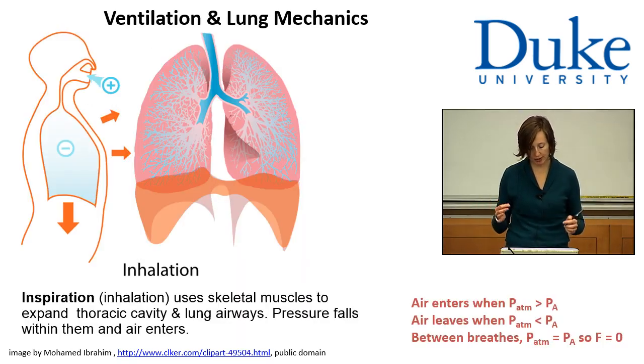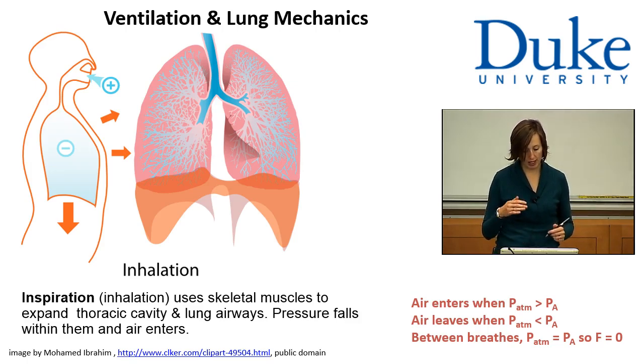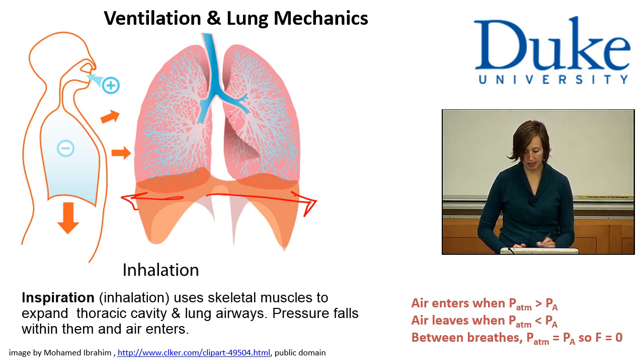So here's another view of this, where if we contract the diaphragm, we're going to expand the chest wall. That's going to, because of Boyle's law, cause the pressure in the lung to go down, and that means we're going to have a greater pressure out in the atmosphere, and that means air is going to flow in.